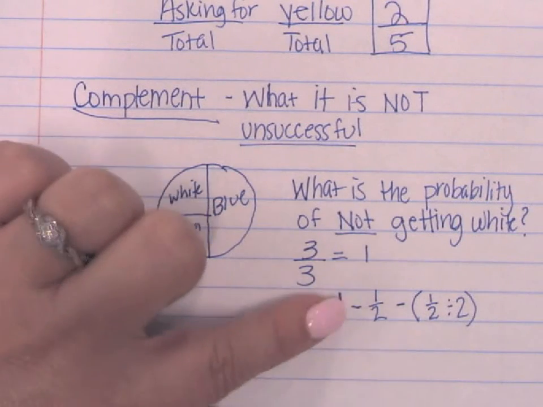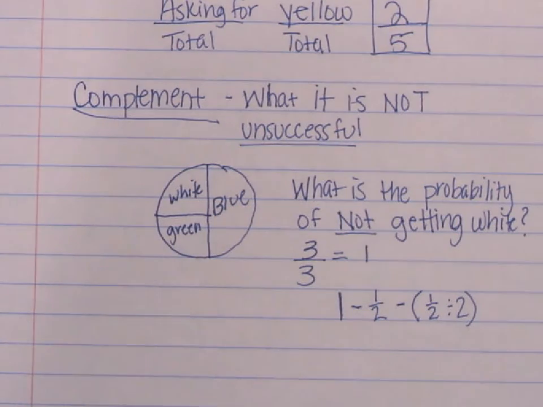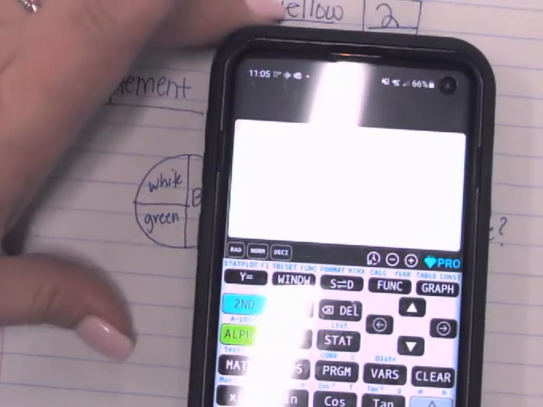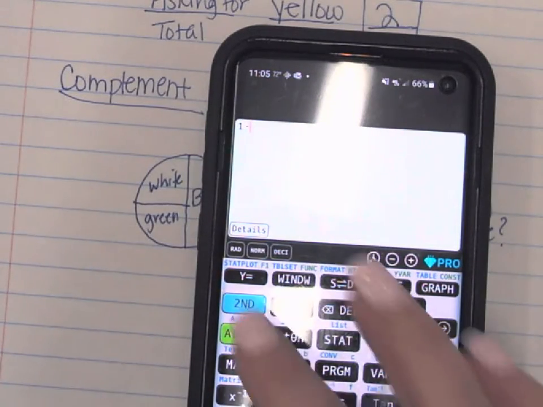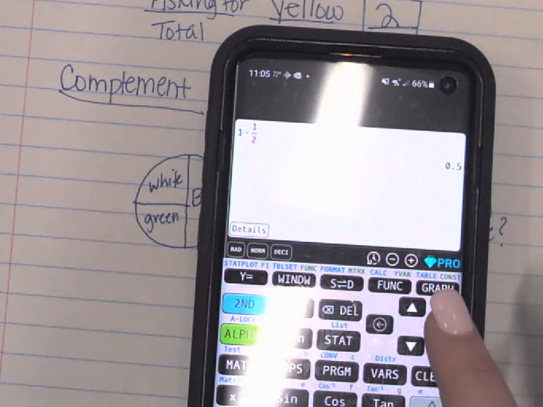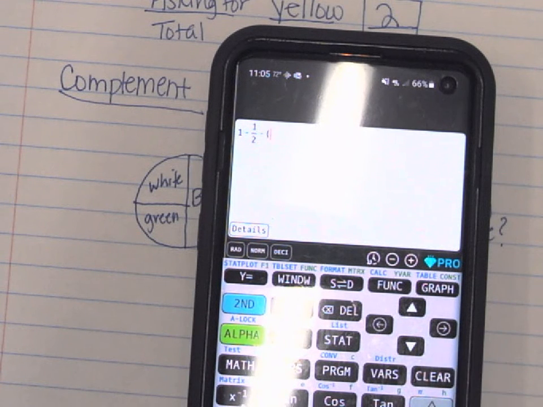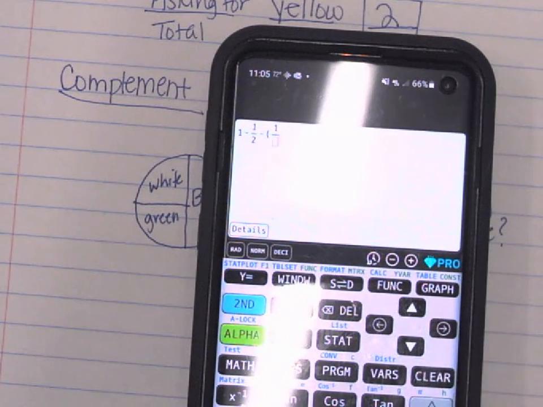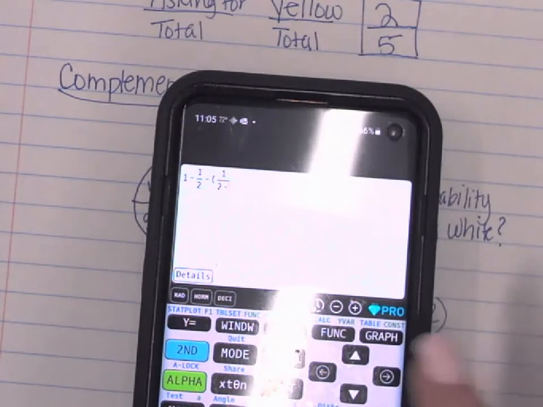And then I would put this into my calculator. You're taking all of it away from 1, okay? So I would do 1 minus alpha y equals 1/2 minus parentheses 1/2 divided by 2.